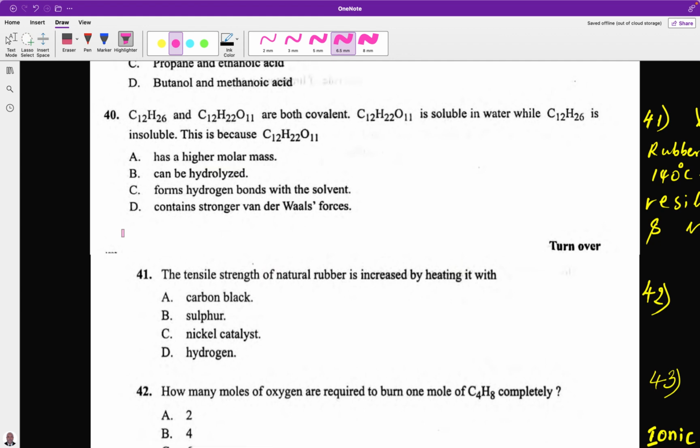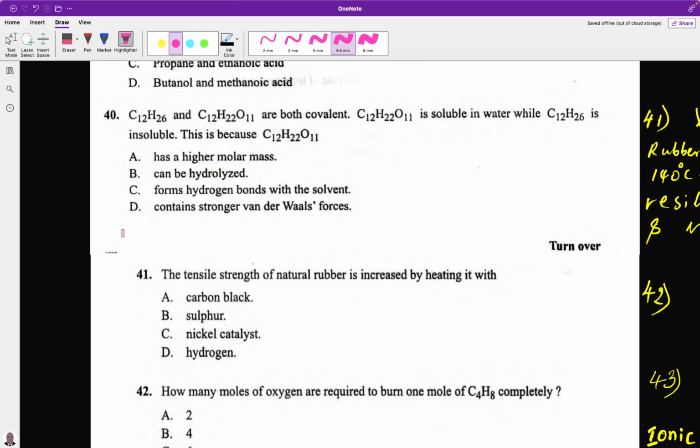C12H26 and C12H22O11 are both covalent. C12H22O11 is soluble in water, while C12H26 is insoluble. This is because: A, C12H22O11 has a higher molecular mass.